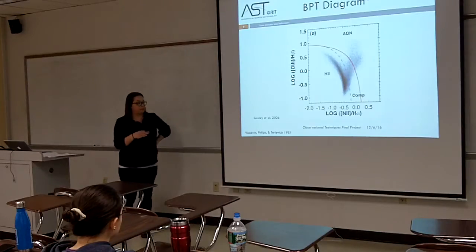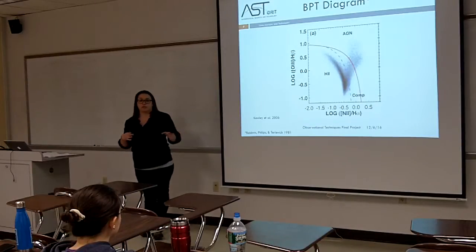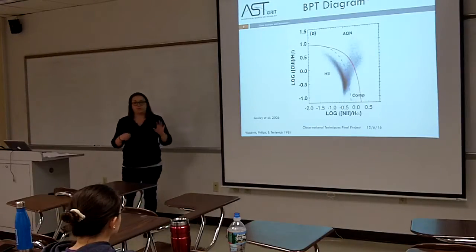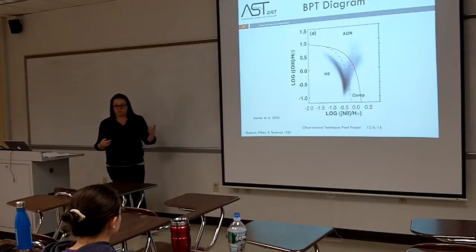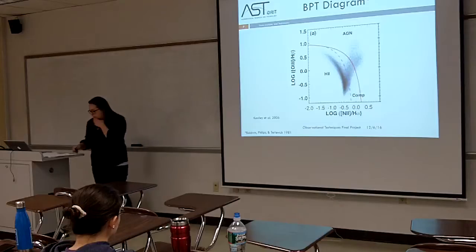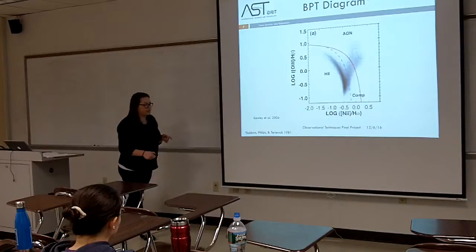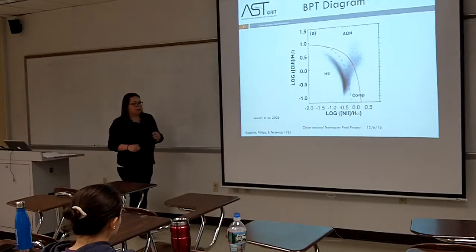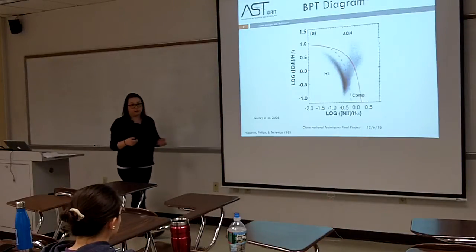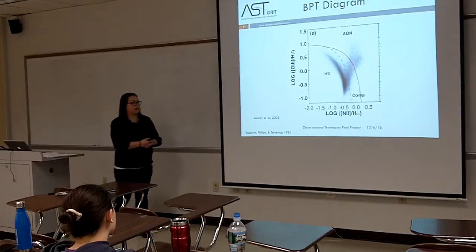This happens because the highest energy of photons you can get from star formation alone is limited by what the most massive stars can produce, whereas an AGN can produce much harder ionizing photons, which increase the flux of the forbidden lines compared to your hydrogen recombination lines. That means our AGN are going to fall to the top right, whereas our star formation is going to be a little bit lower and to the left. And that's what you see on these diagrams.